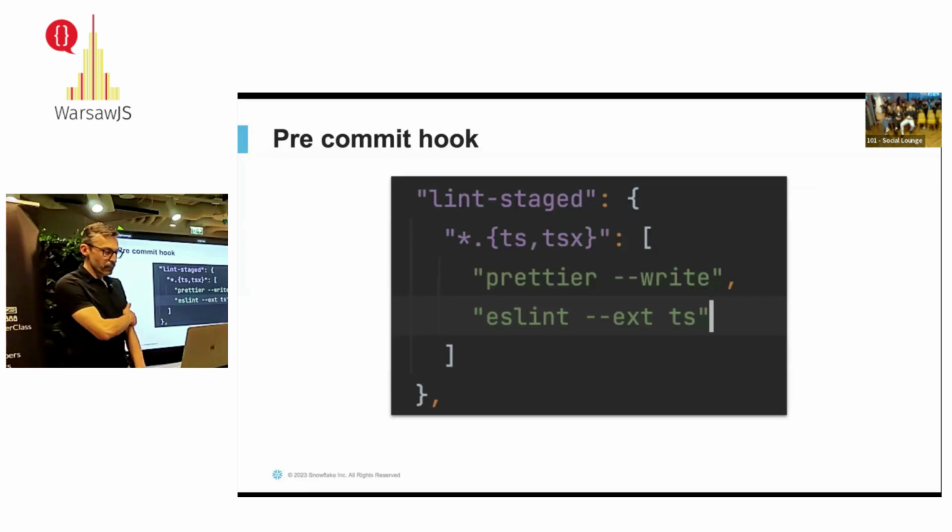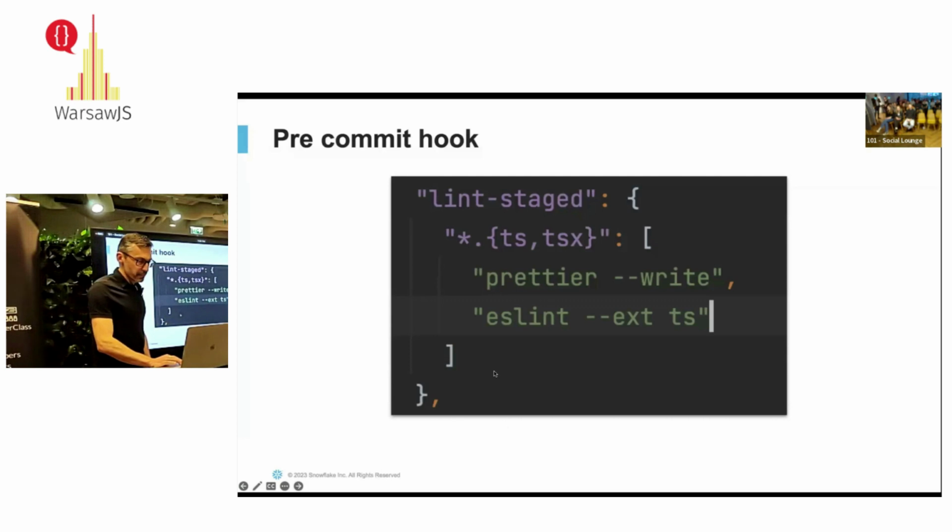We can also run this linter task in a pre-commit hook, like we do with the lint-staged library, to run it on staged files before we commit. We want this feedback as soon as possible, right? Even before we commit, we want to make sure that all errors or warnings are taken care of.